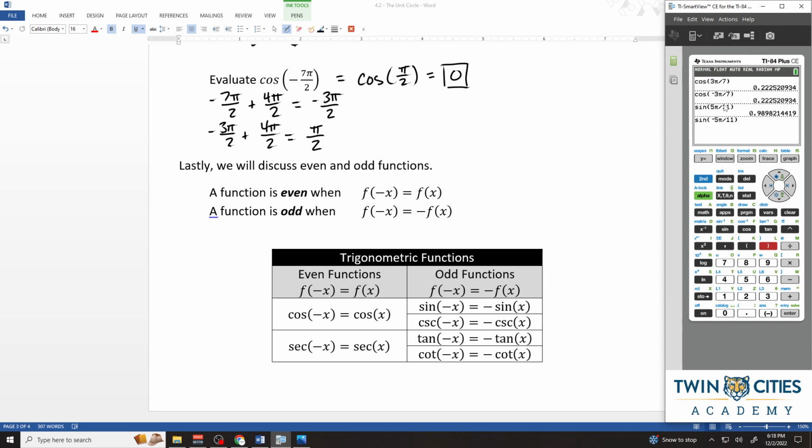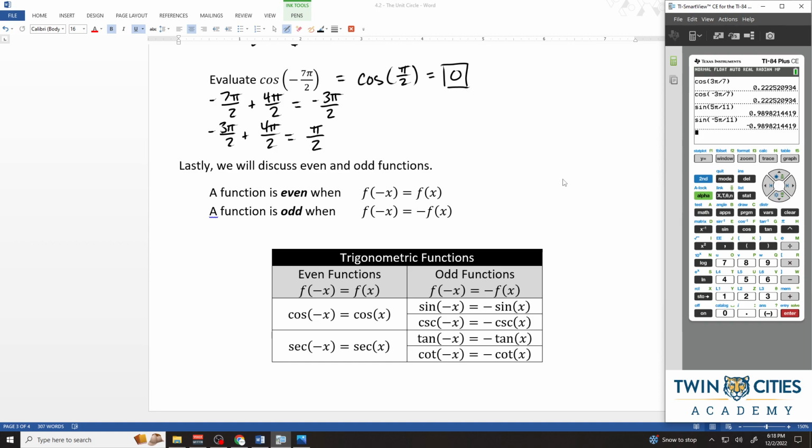With cosine, whether we plugged in something or that negative something, we got the same answer. However, with sine, I'm plugging in 5 pi over 11, and now I'm plugging in negative 5 pi over 11. It's the same thing, but now it's negative 0.9898. So that's what I mean by if you plug in, say, negative x, you get negative sine of x. What you would have gotten if you just plugged in positive x, but this whole thing becomes negative.